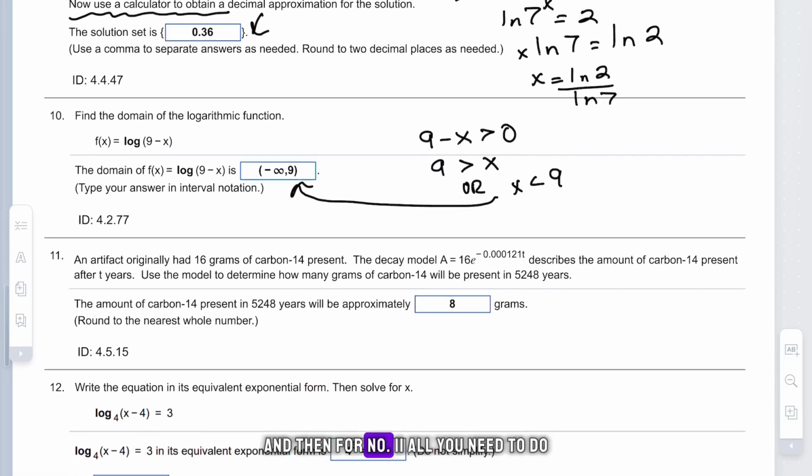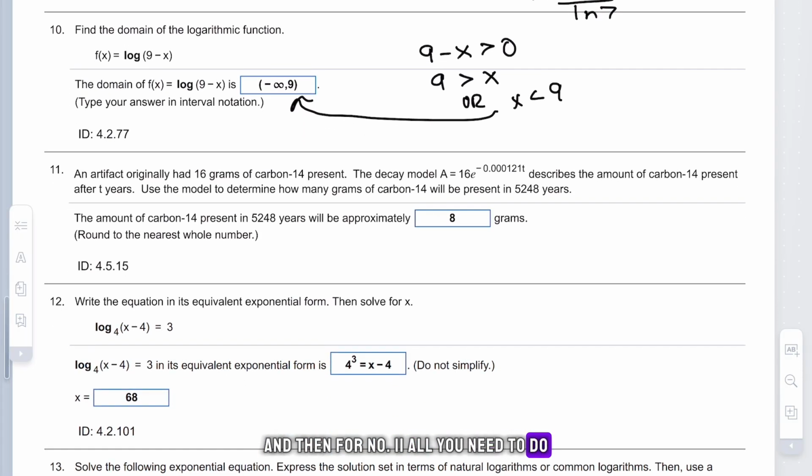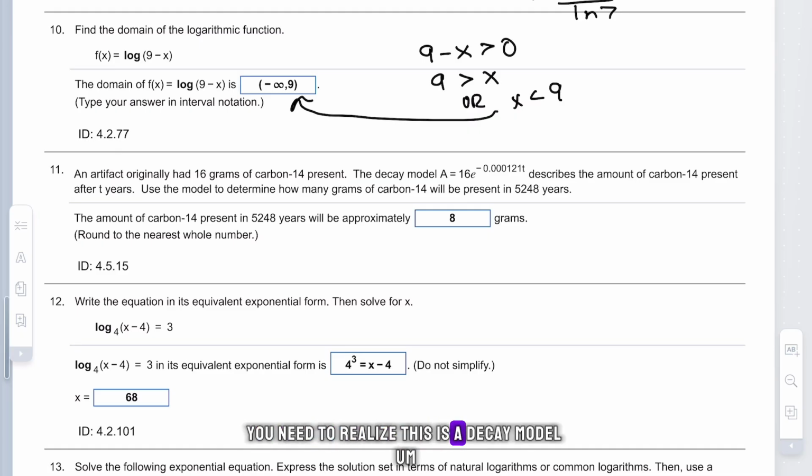And then for number 11, all you need to do, first you need to read it, and then you need to realize this is a decay model. That's where the subtraction on the exponent comes from. And then you need to plug in the number for t.